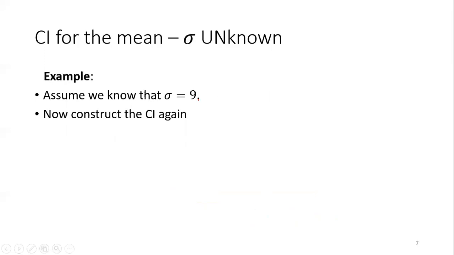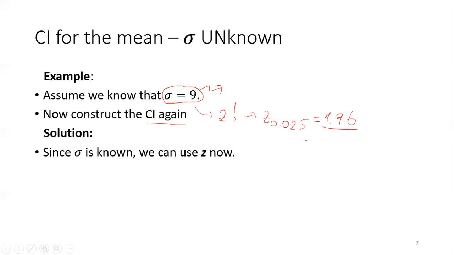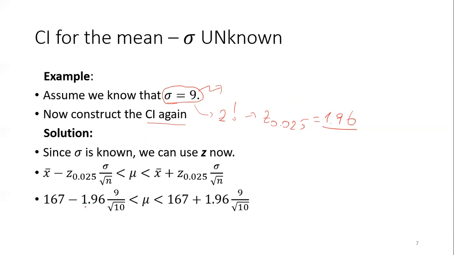So assume now we know sigma is equal to 9. Okay, so we know the population parameter sigma. Now construct the confidence interval again. So what do we need? Now, since we know sigma, we can just use z, right? So we need z sub 0.025, which was, if I'm not wrong, 1.96, right? Right.